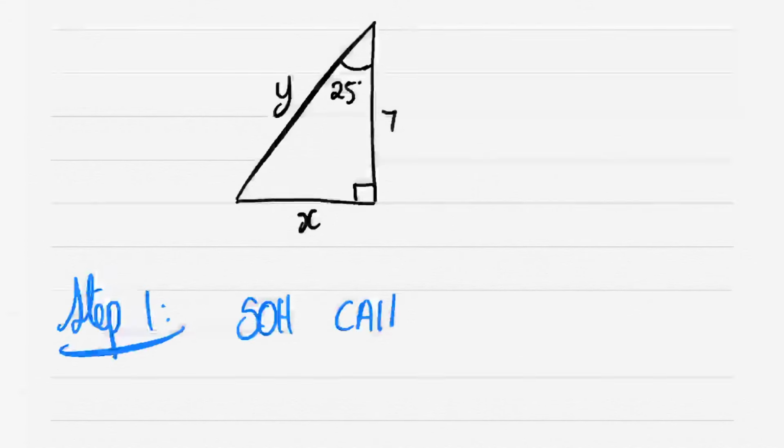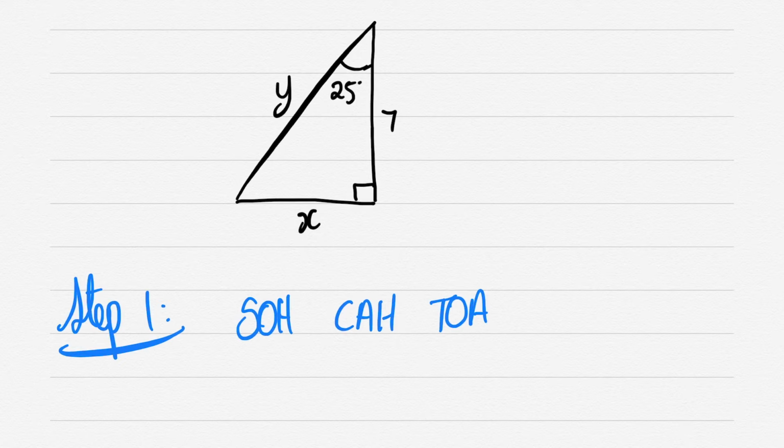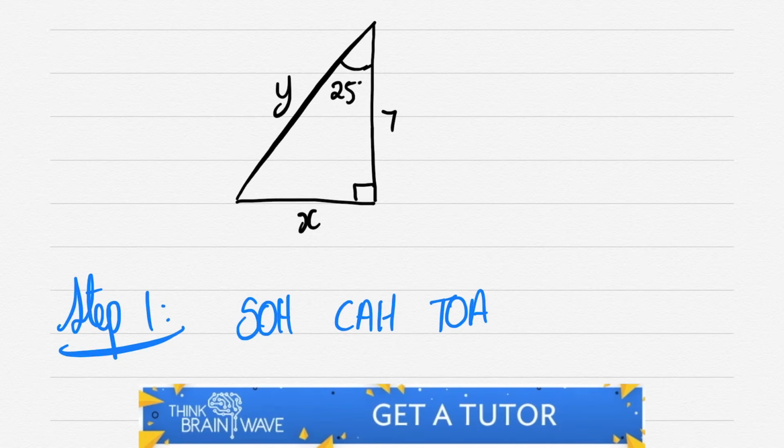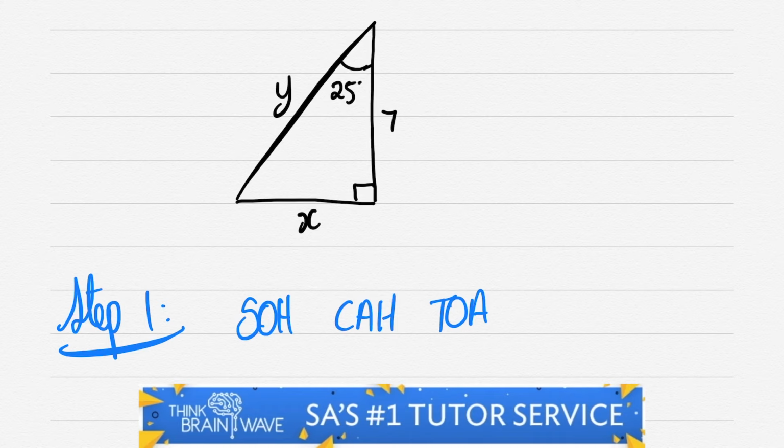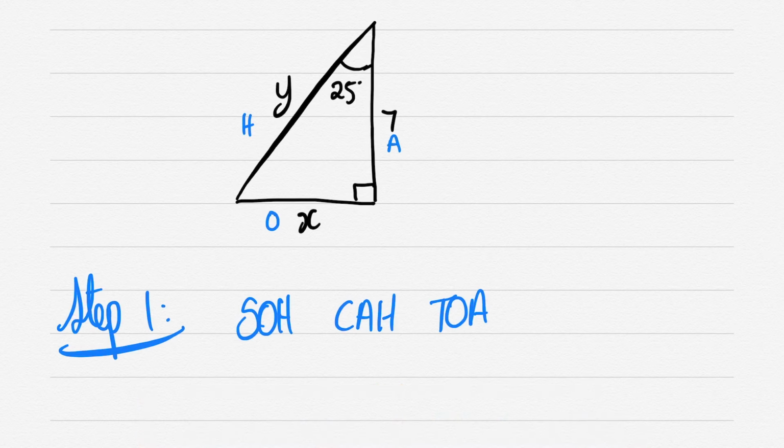So if I'm trying to find x and y, 7 must be my adjacent, or alternative, depending on what people call it. I just call it alternative, generally speaking. It still starts with an A, and that's what really counts. So I know that my hypotenuse is always opposite 90, my opposite is always opposite my angle, and then the adjacent, or what I call the alternative, is the remaining side.